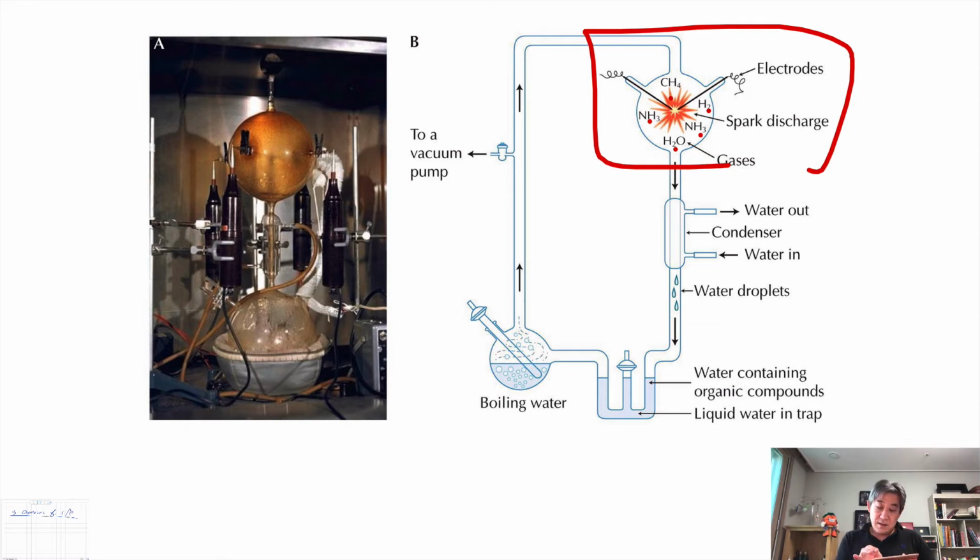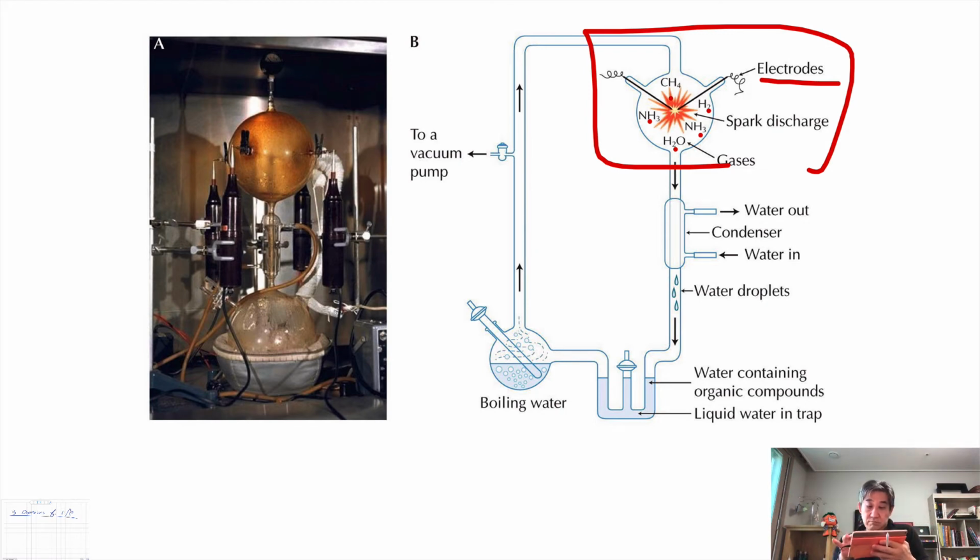And he simulated the energy input by providing electrodes, imagining that in an early atmosphere some lightning might have been able to provide such an energy source.